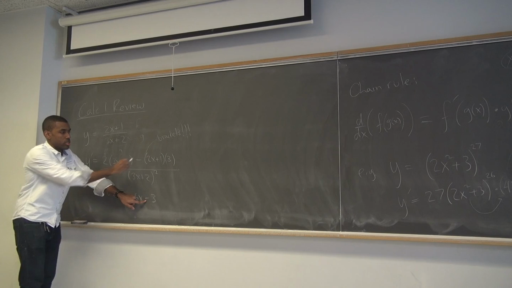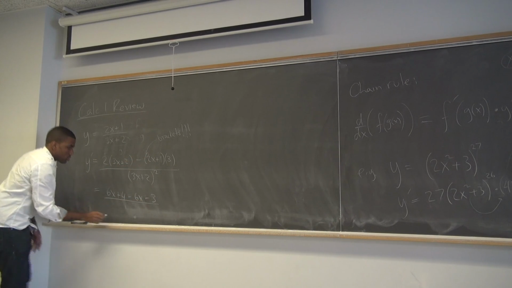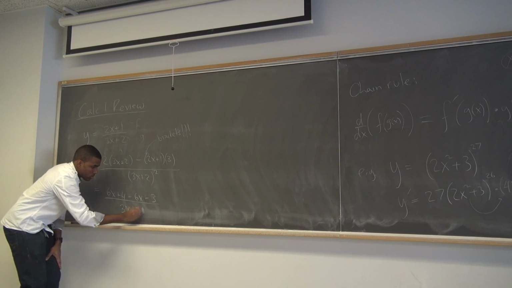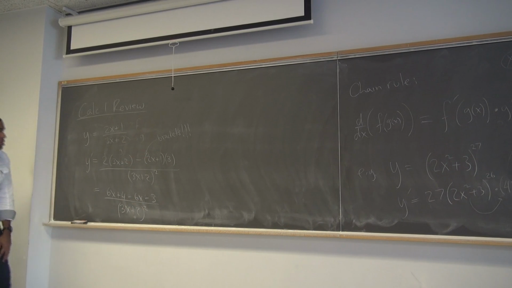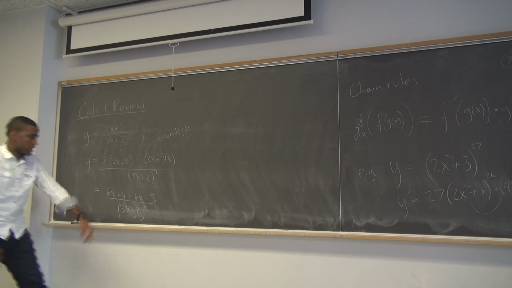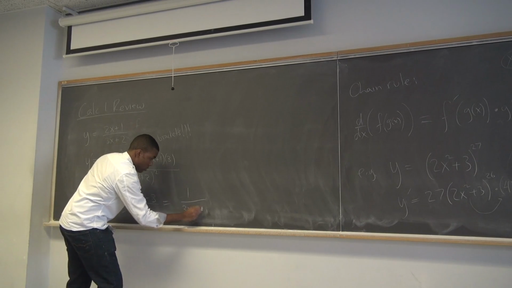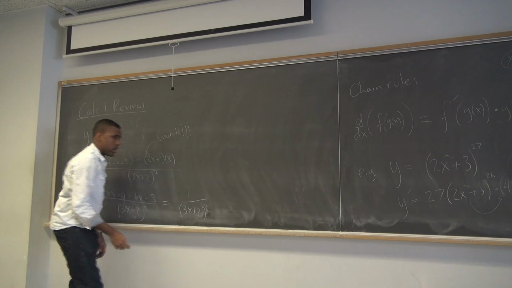This is a minus because this minus sign will hit these two. So here I get 6x minus 6x, and I get 4 minus 27. And that would be the answer.